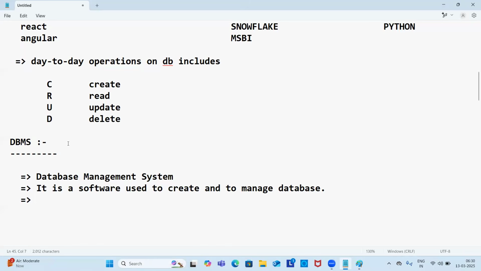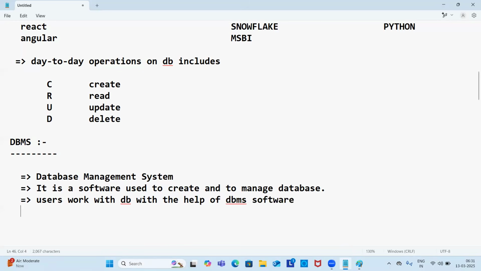So you don't directly work with the database; you work with the database with the help of DBMS. Users work with the database with the help of DBMS software.